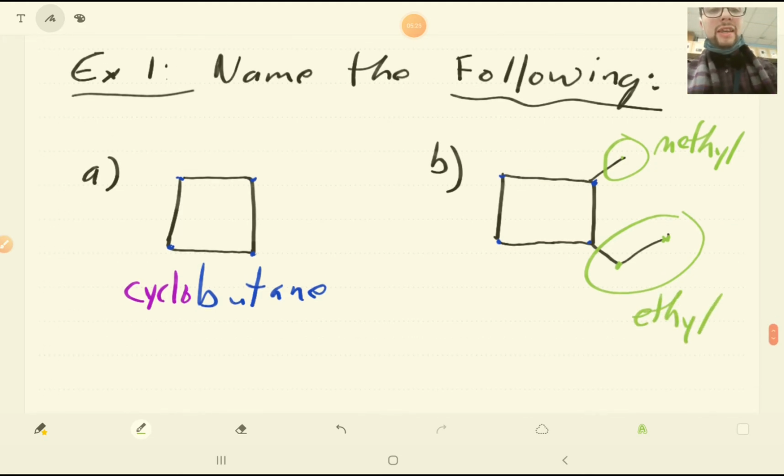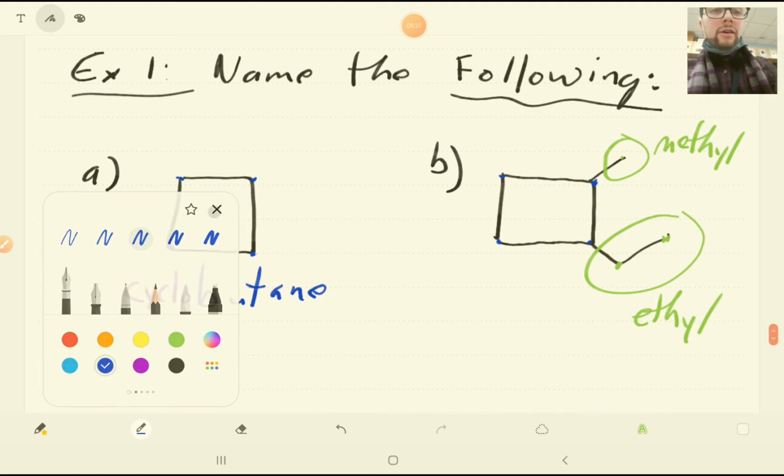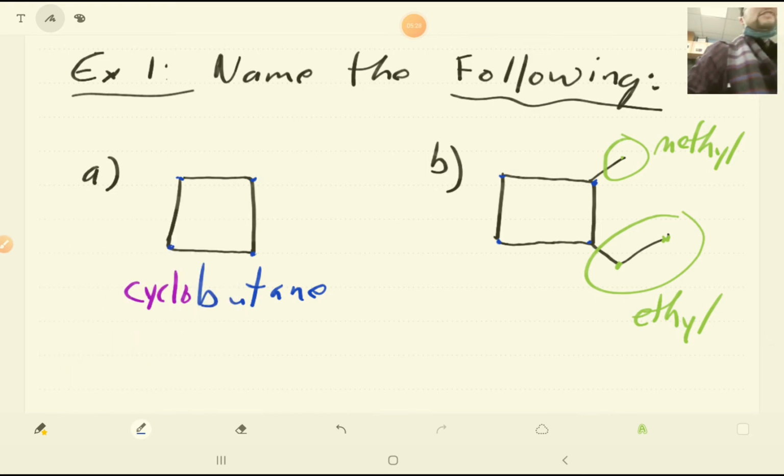Now, we begin counting from the branch that is alphabetically first. And then I'm going to go to the shortest distance to the next branch. What that means is I'm going to start here because ethyl starts first. But instead of going 1, 2, 3, 4, that isn't the shortest distance to the next branch. The shortest distance to the next branch is this way.